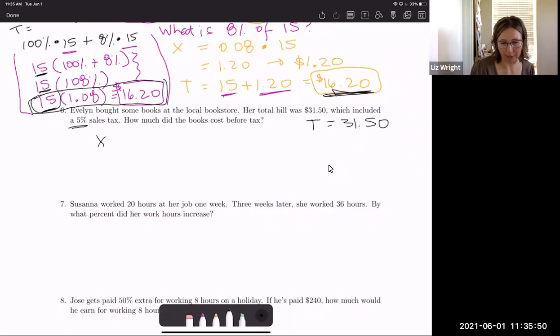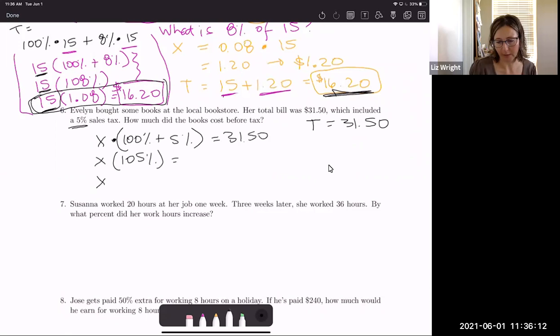Well, what's our percentage that we're filling in? Our percentage is 100% plus the 5% sales tax, which is going to give us 105%. And on the right-hand side of this would be our total, $31.50.